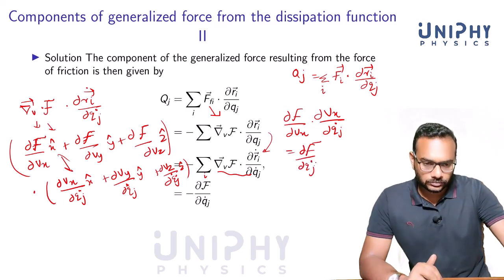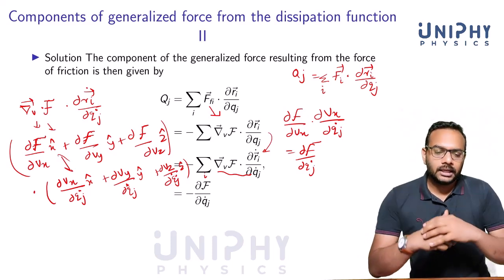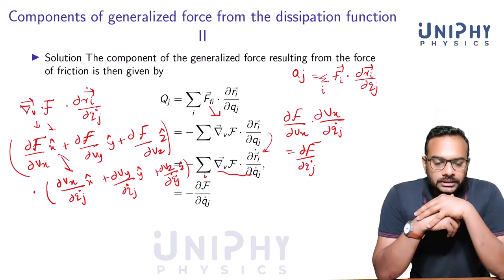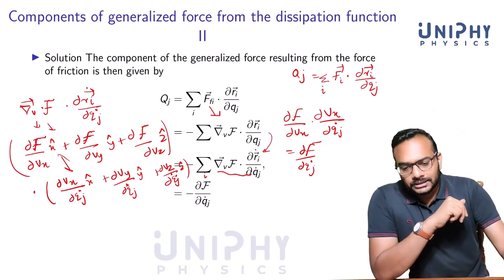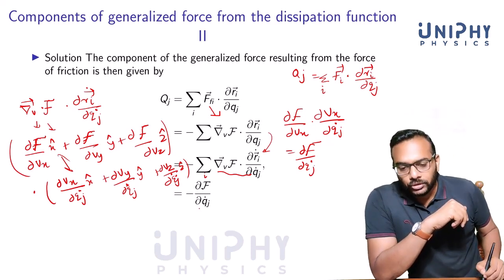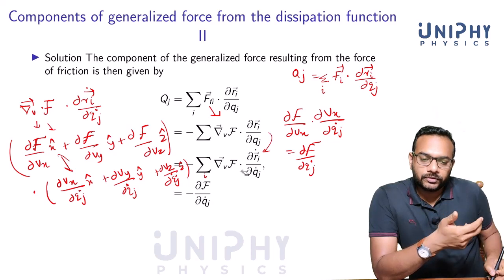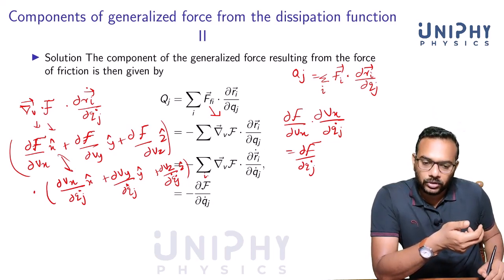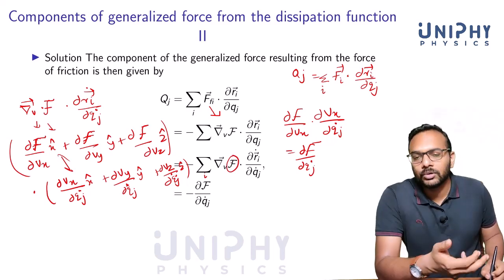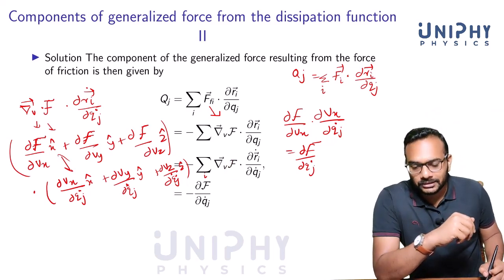So this thing can be written as minus ∂F/∂qj-dot. Of course, you have to do it for all particles and sum over this i, but this dissipation function itself is defined as a sum over all the particles. So that's that.